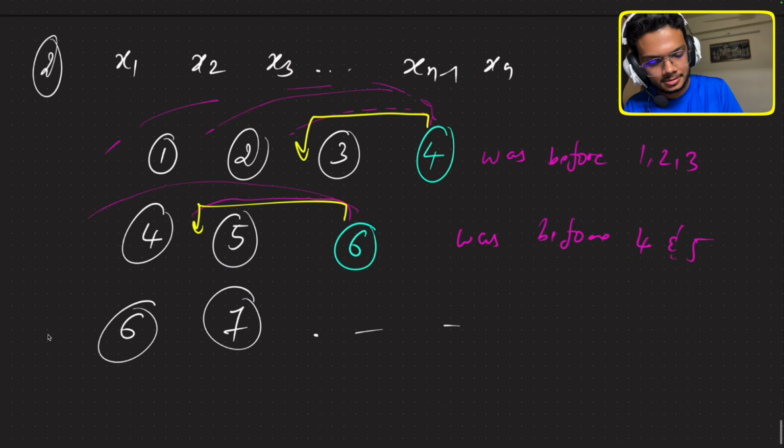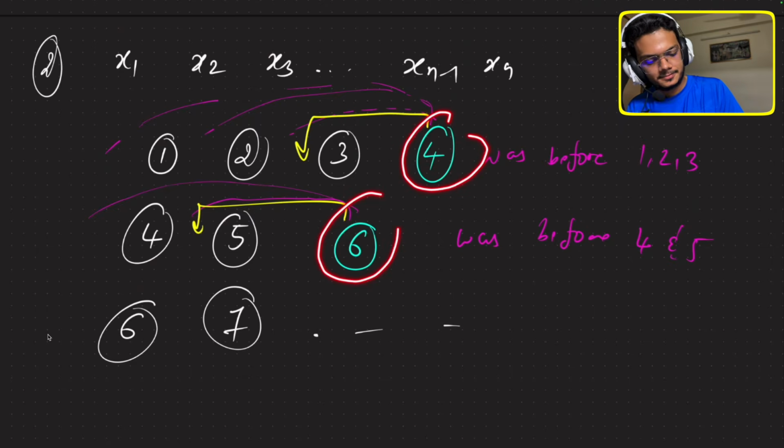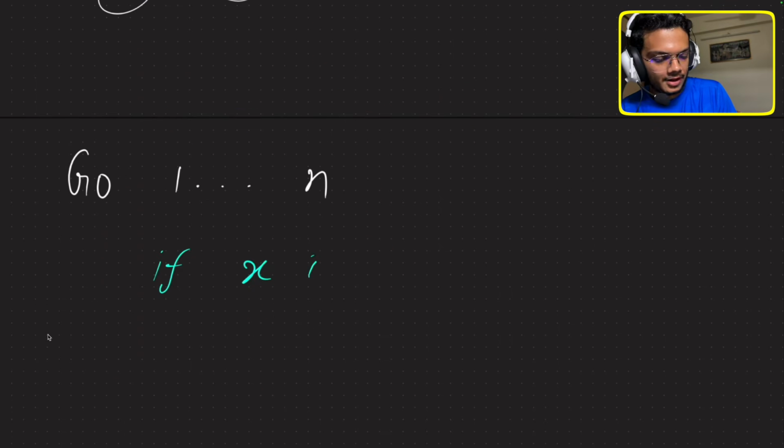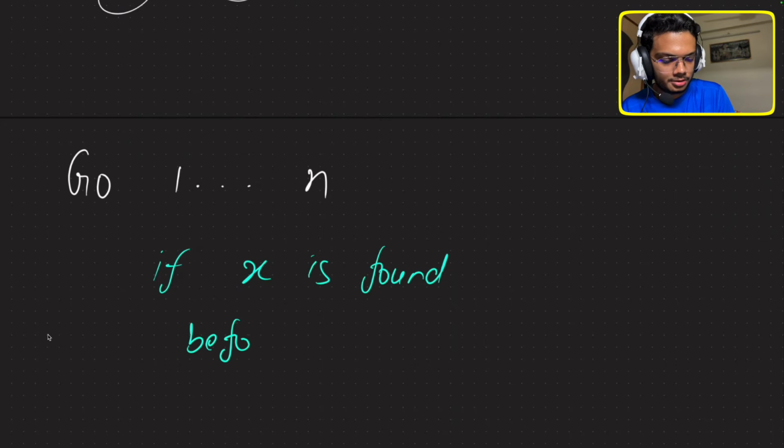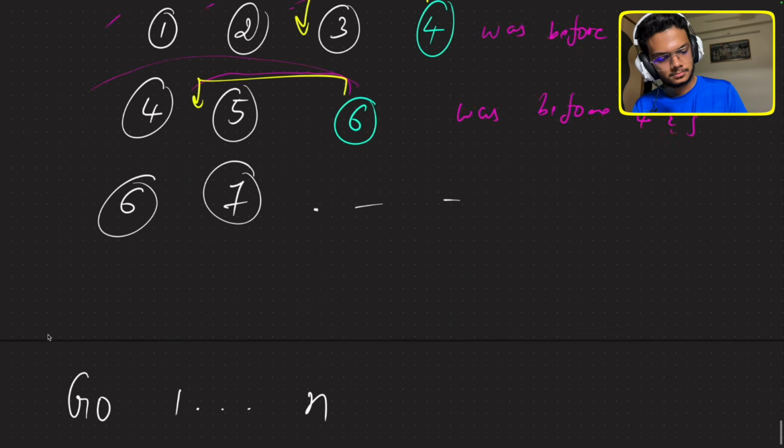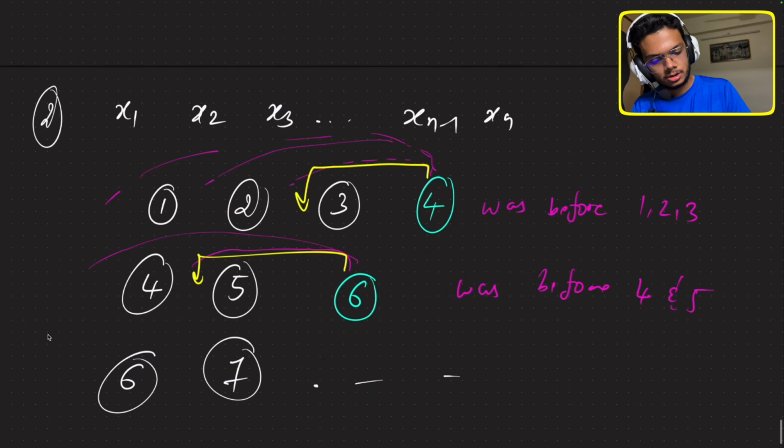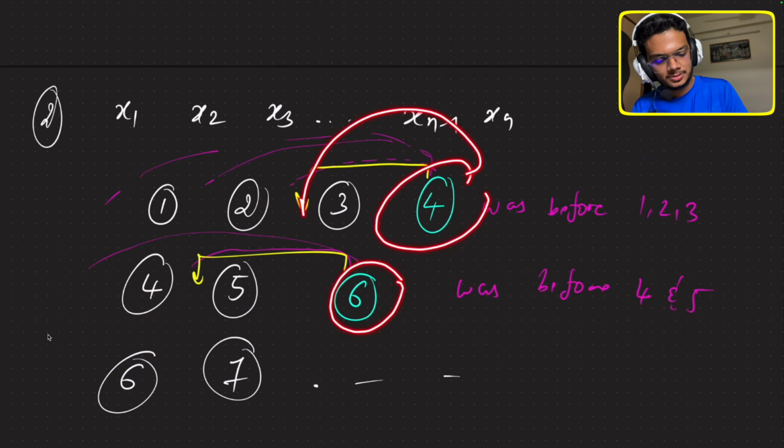So what I'm saying is, when we go from 1 to n, if some x is found before x minus 1, that is, this 4 was found before 3, the 6 was found before 5.